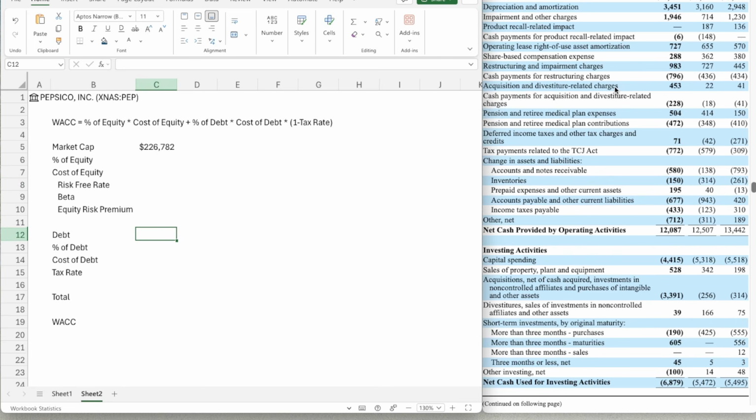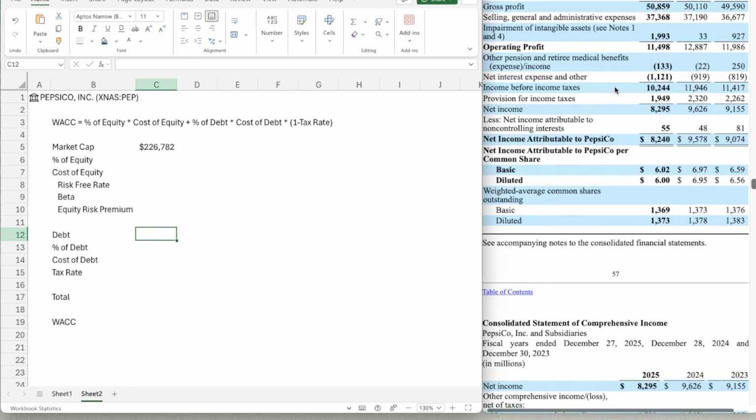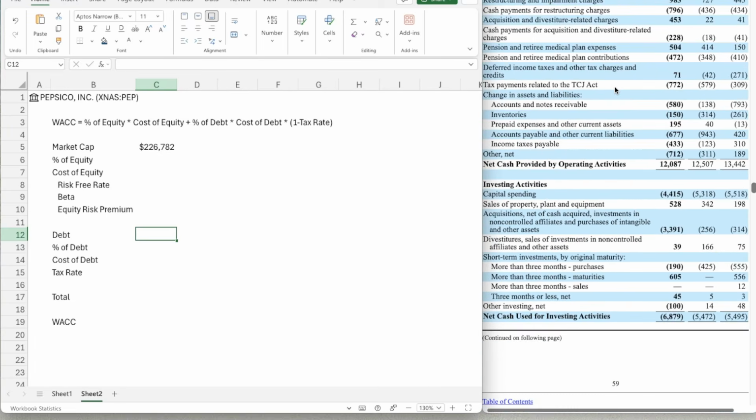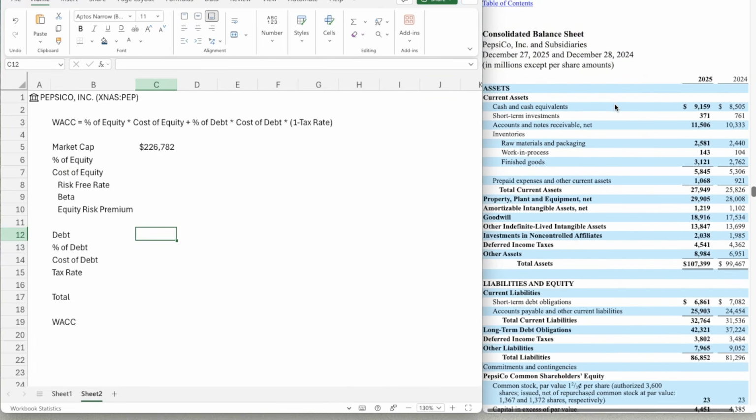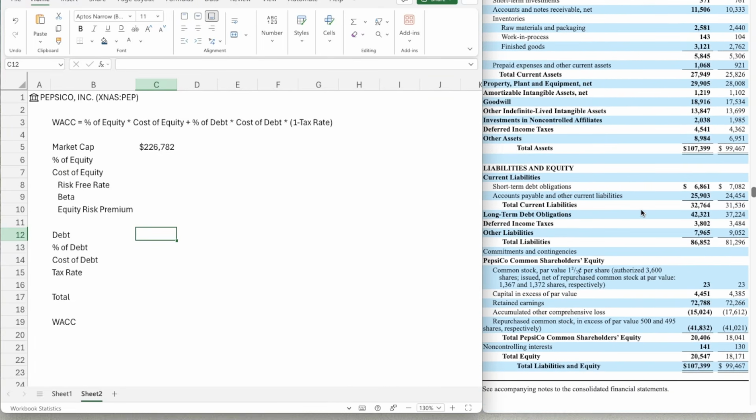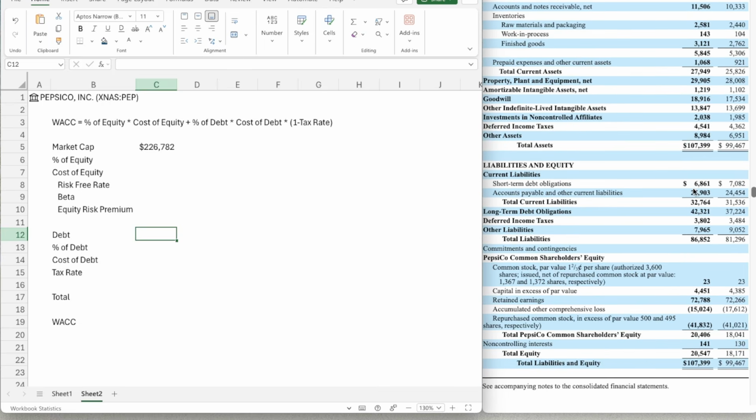But to get the debt, we go on the balance sheet, which is here. And what we're looking for are your short-term debt obligation, 6861, and the long-term debt obligation, 4231. We should be looking at anything on here that is interest-bearing debt and will treat it as debt.